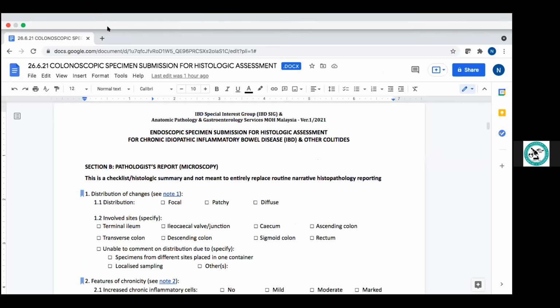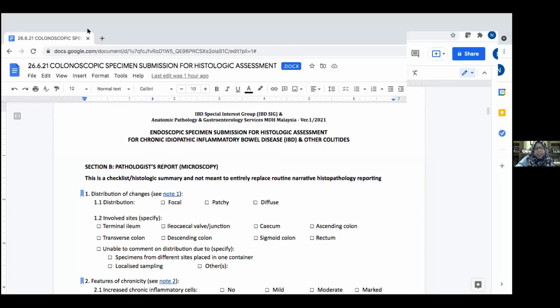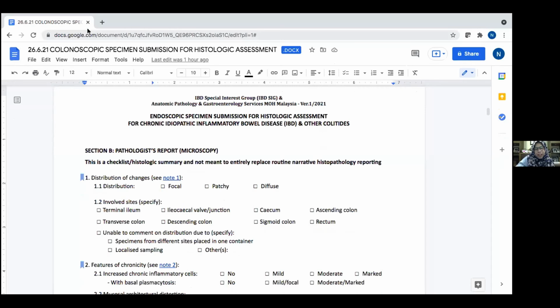Definitely, yes. If you refer to some papers, one of them is the British reporting guideline. They want to see neutrophils in the epithelium to call it activity. But my experience is that I do call it mild activity when I see neutrophils in the lamina propria, even if I don't see them in the epithelium, because sampling could be an issue.